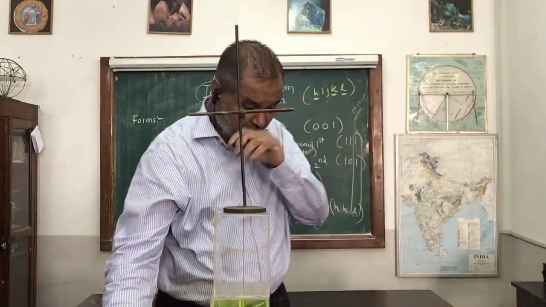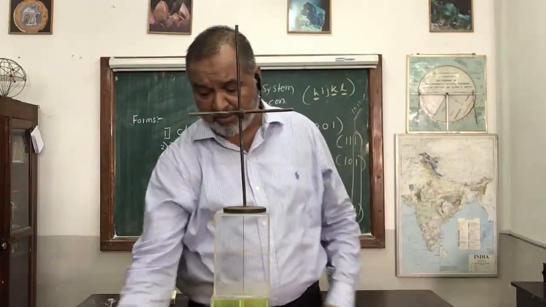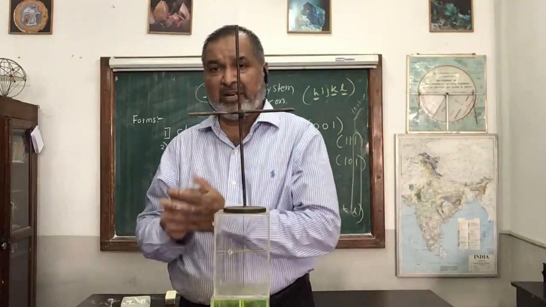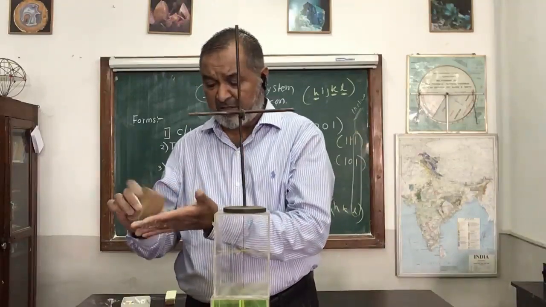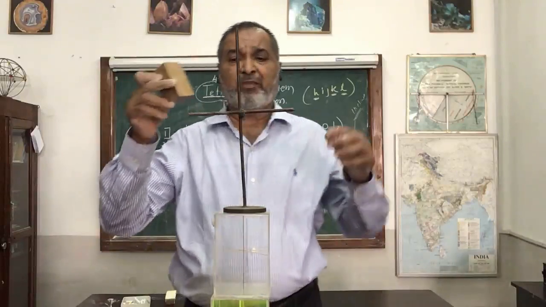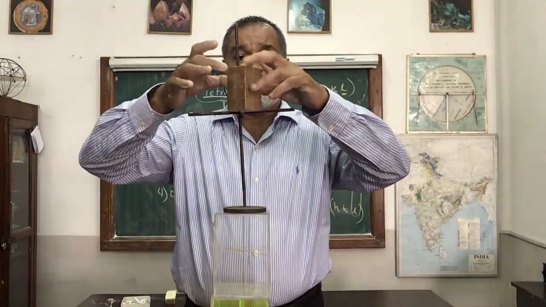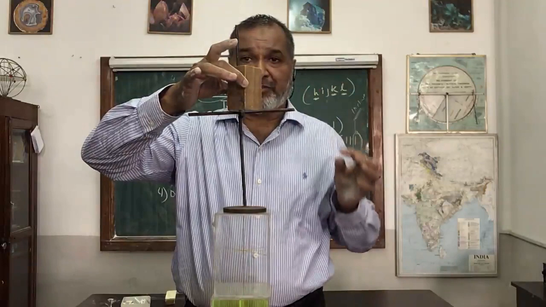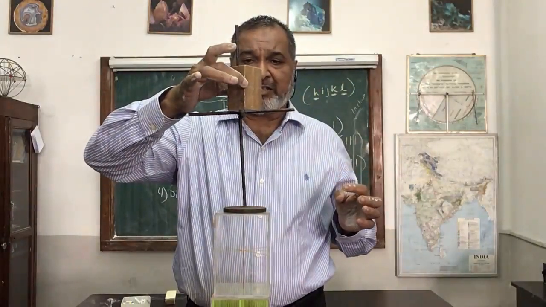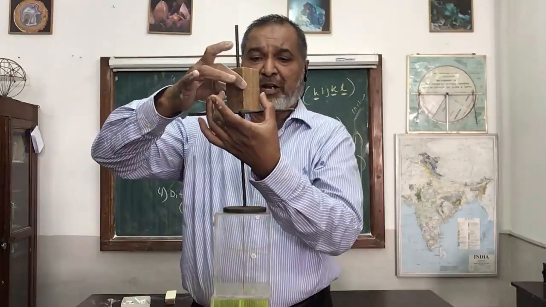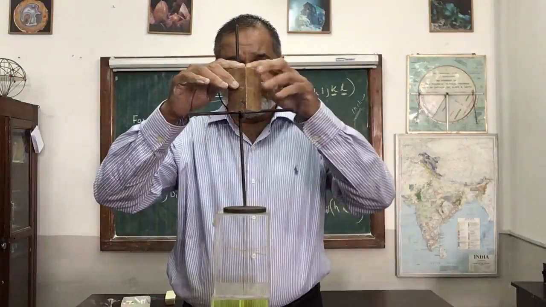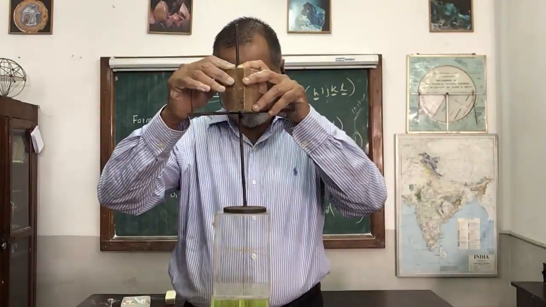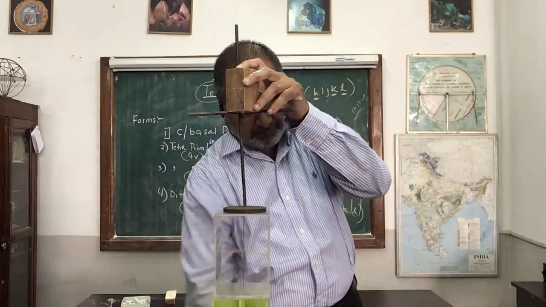So the simplest model from this system which we have is model number 189. As per Dana, these numbers are given for the crystals. First I will clear it out. The axis A1 running from front to back, A2 running from right to left, and this is the C axis, top to bottom. Now I'll extend the face.